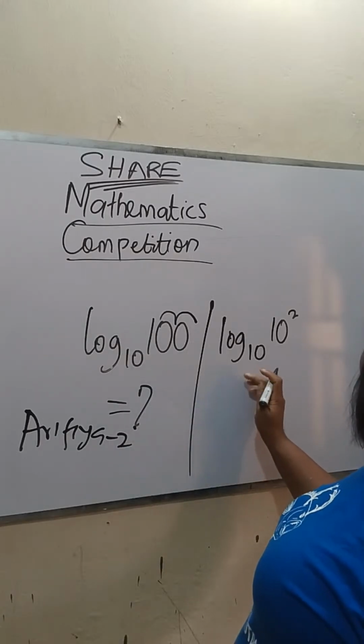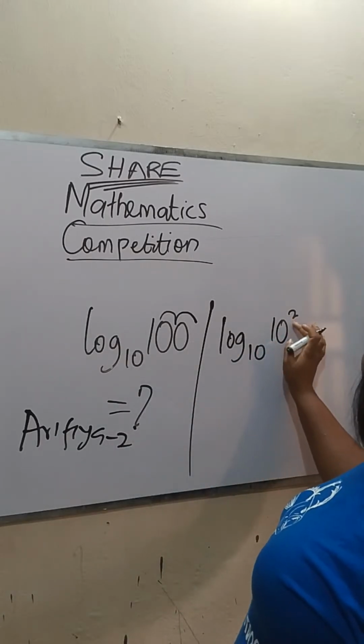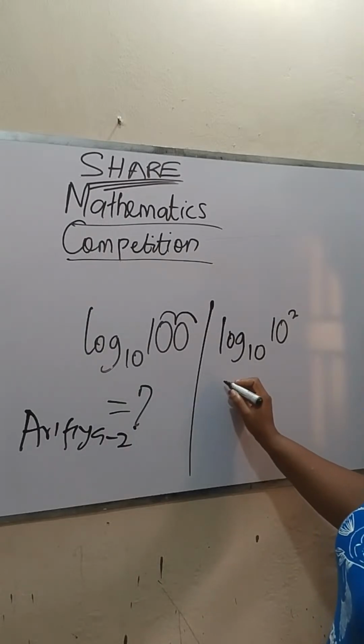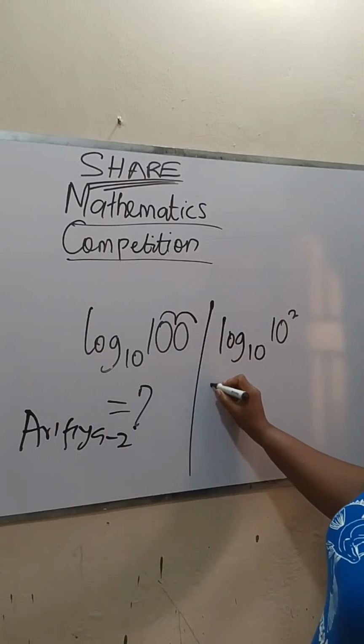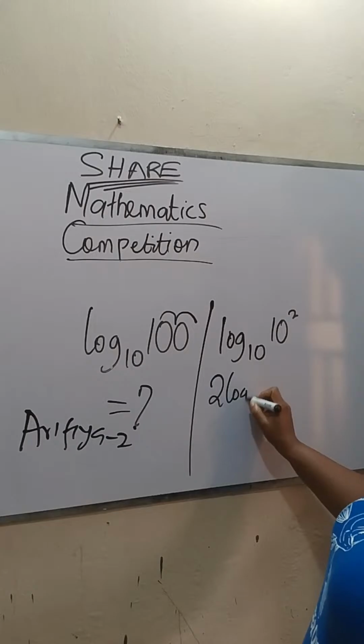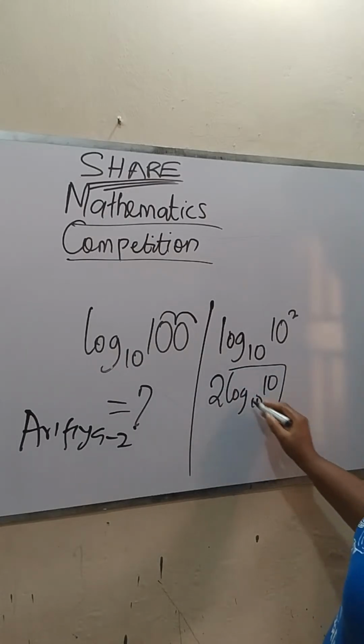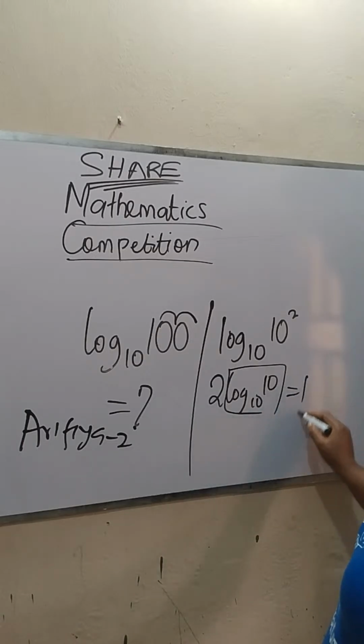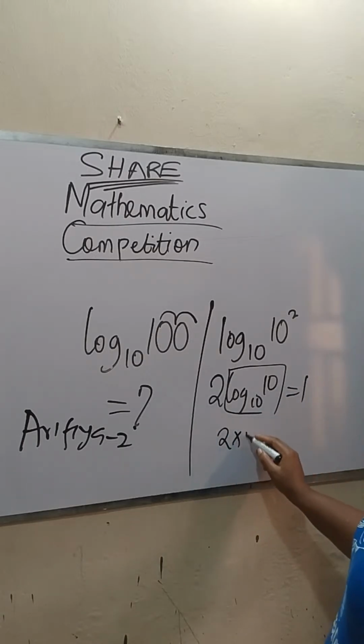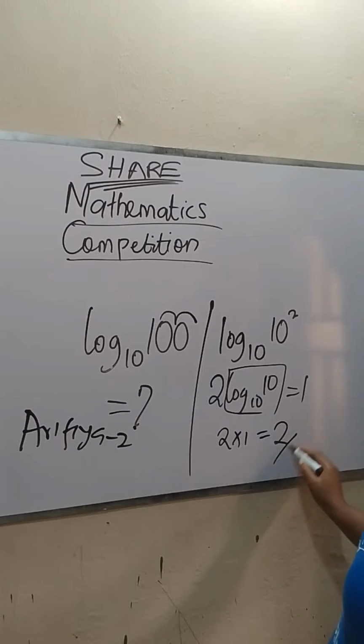We move the 2 to the front, then we have 2 times log of 10 to base 10. This alone is equal to 1, so that is 2 times 1, and the answer is 2. That is how you solve that.